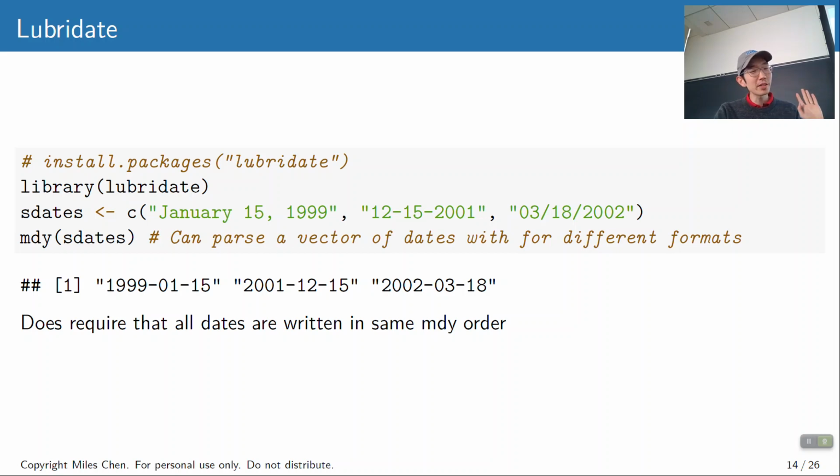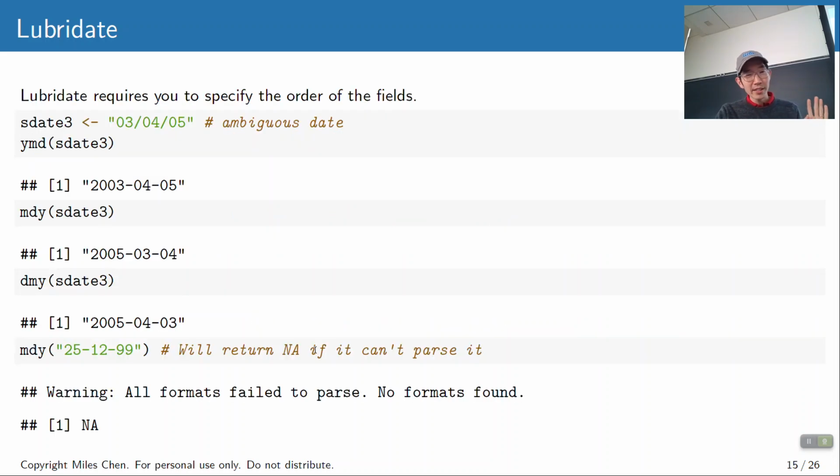That has made our life so much easier, and the only thing you really have to specify is whether the information is stored as year, month, day, or month, day, year. In Europe they do day, month, year. In America we do month, day, year. And personally, I like to store information on my computer as year, month, day, so that you can alphabetize things and they're still in numeric order, right? So that's all you have to do with lubridate.